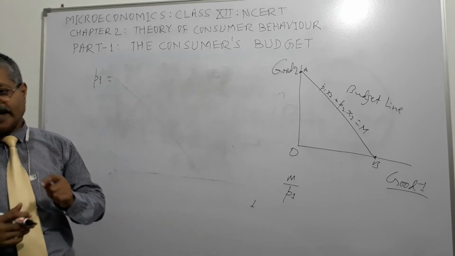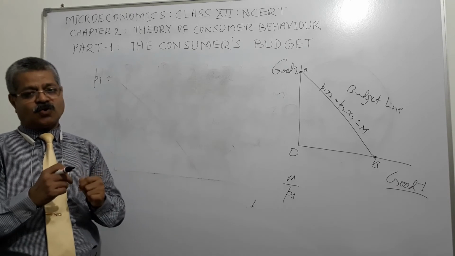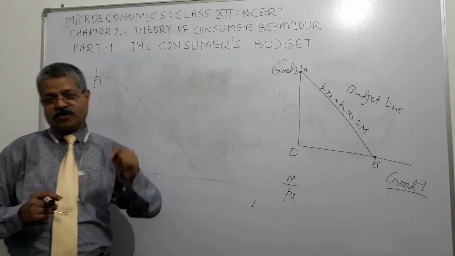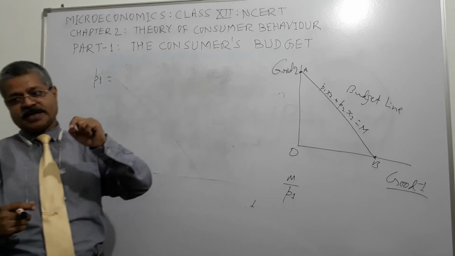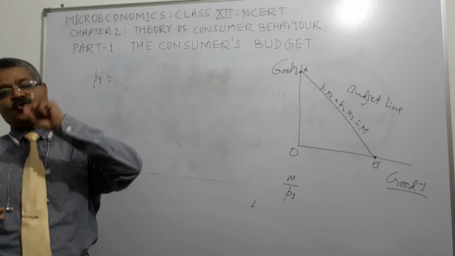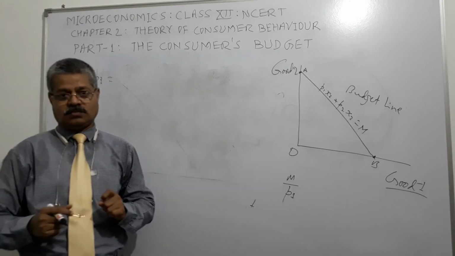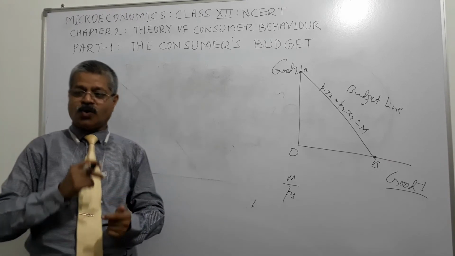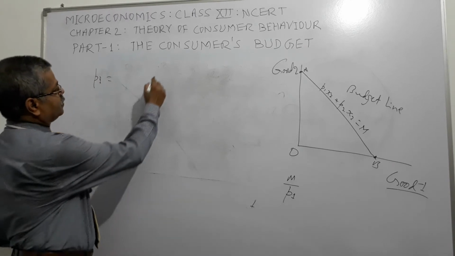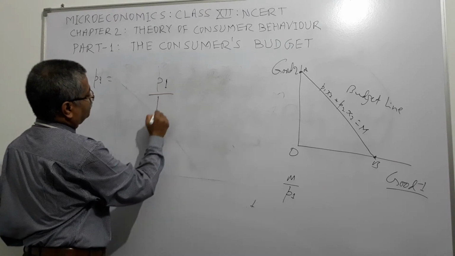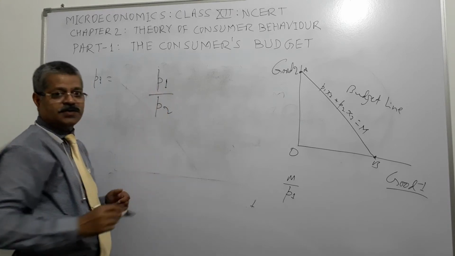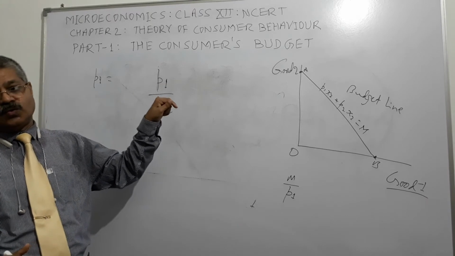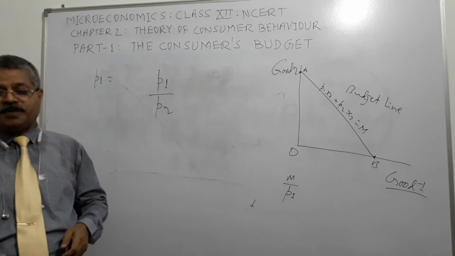So the consumer will need to reduce expenses on good 2 by P1 amount, and with P1 the consumer can buy P1 upon P2 units of good 2, right. He can substitute good 1 for good 2 at the rate P1 upon P2.